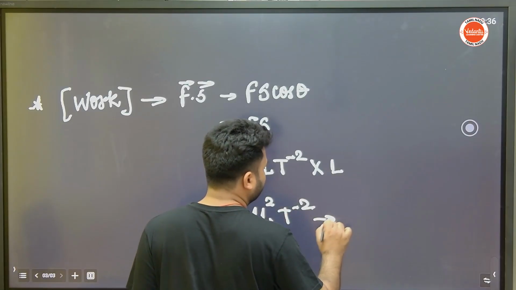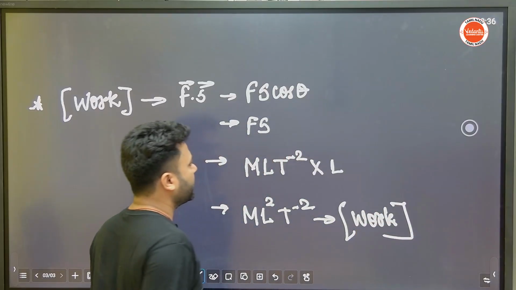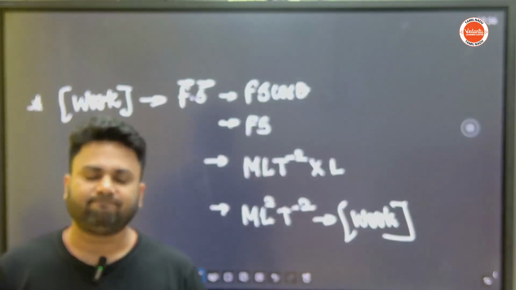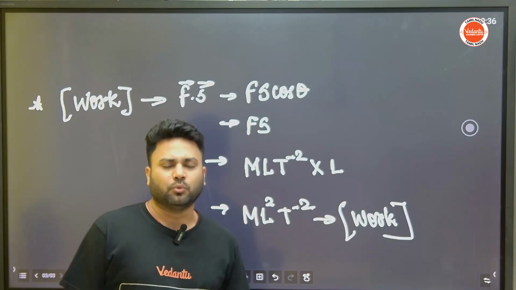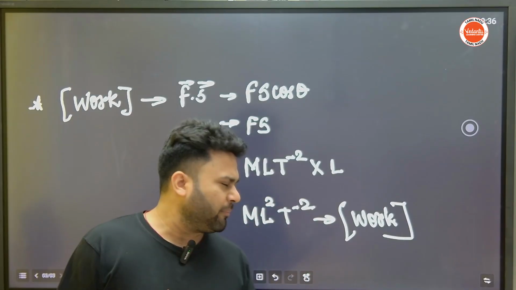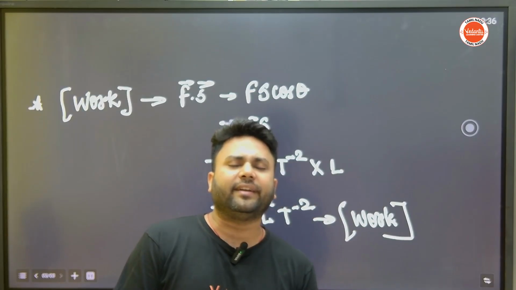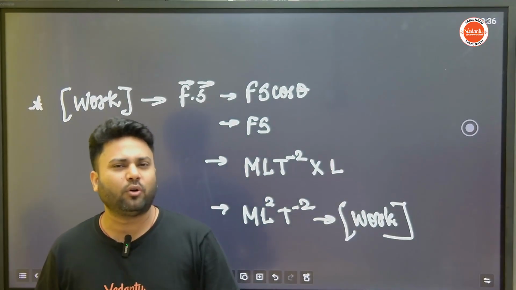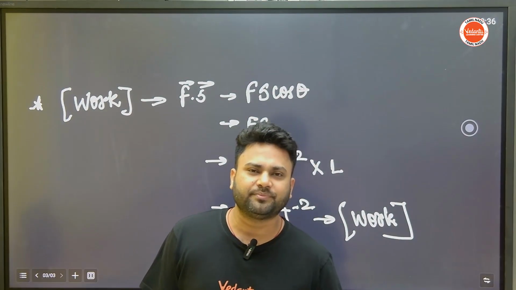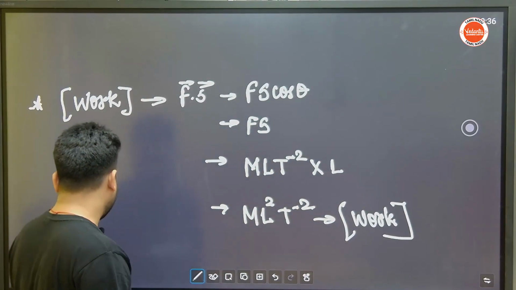This will be the dimension of work. Correct? So you don't need to remember mL^2T^-2 separately, because we have n number of quantities and it is not possible to learn all, but you remember mLT^-2. Correct? Because it will be used multiple times. Okay.